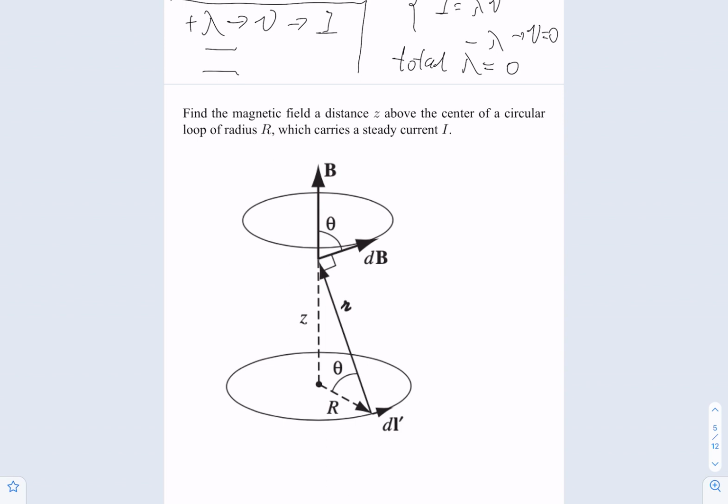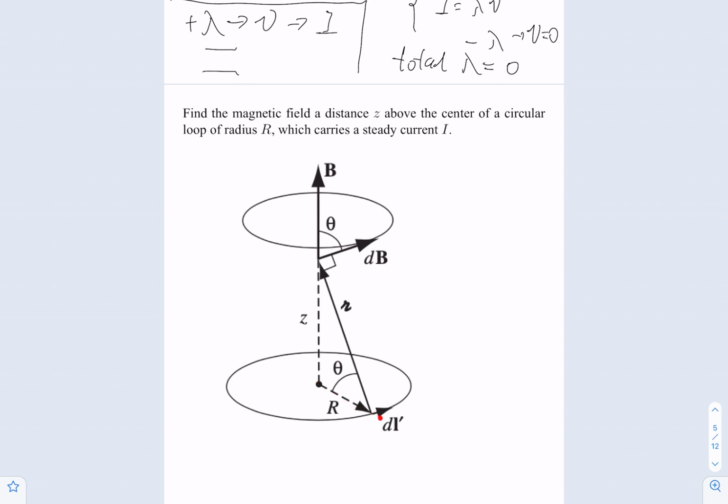This problem is slightly complicated because in the previous problem, the magnetic field is pointing into the screen or out of the screen. But here the magnetic field's direction is, strictly speaking, not that simple.